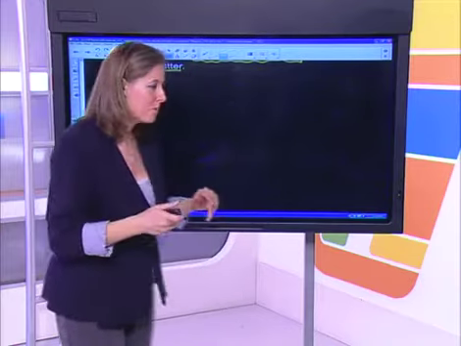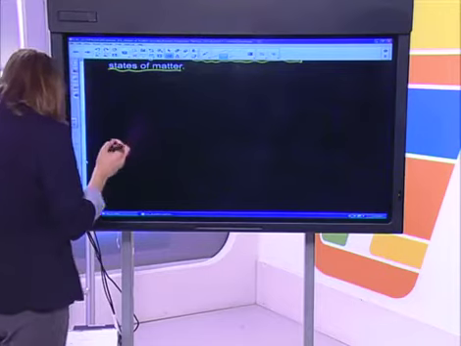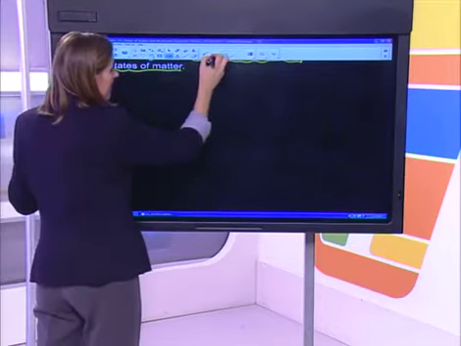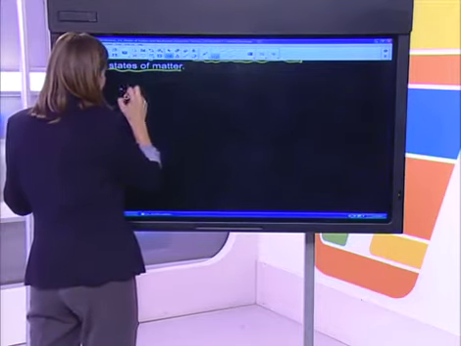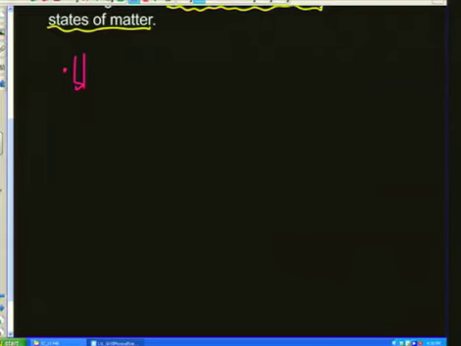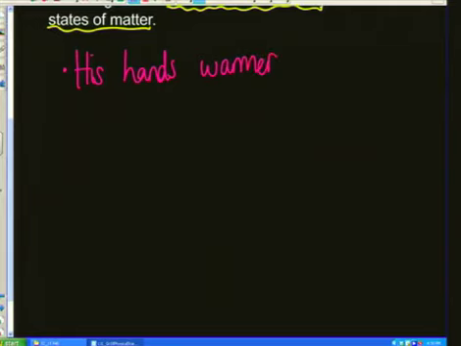So let's jot a few points down. Number one, we can say his hands are warmer. Obviously much warmer than the ice surrounding it. And so that would cause the ice to melt.